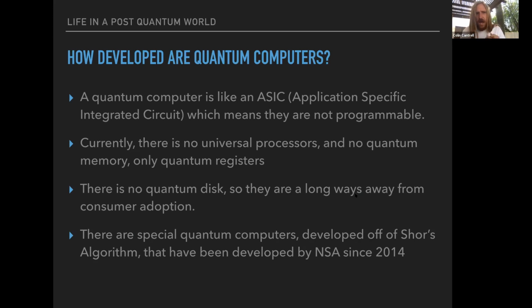But since there are no universal processors, there's no quantum memory, and there are only quantum registers. One reason it requires 1,792 qubits is because you need at least 256 of those qubits to be a halting counter. That's a register that holds certain values while you're computing other values. There's no quantum disk, so they're a long way from being consumer grade.